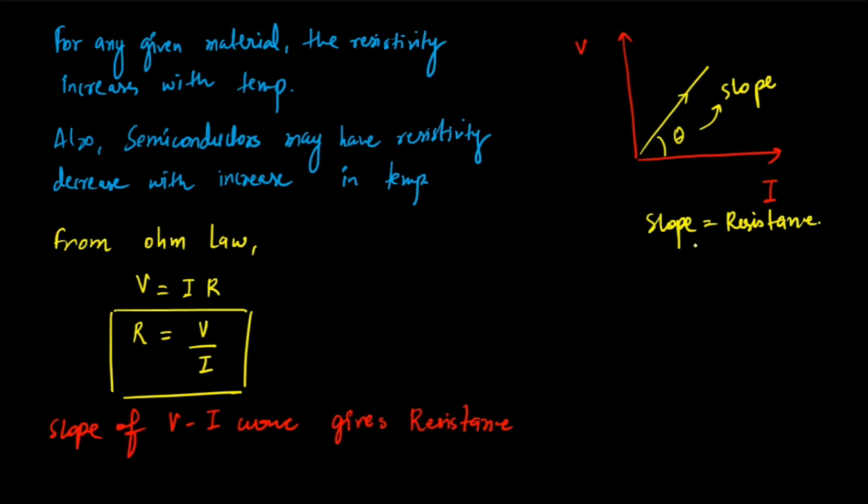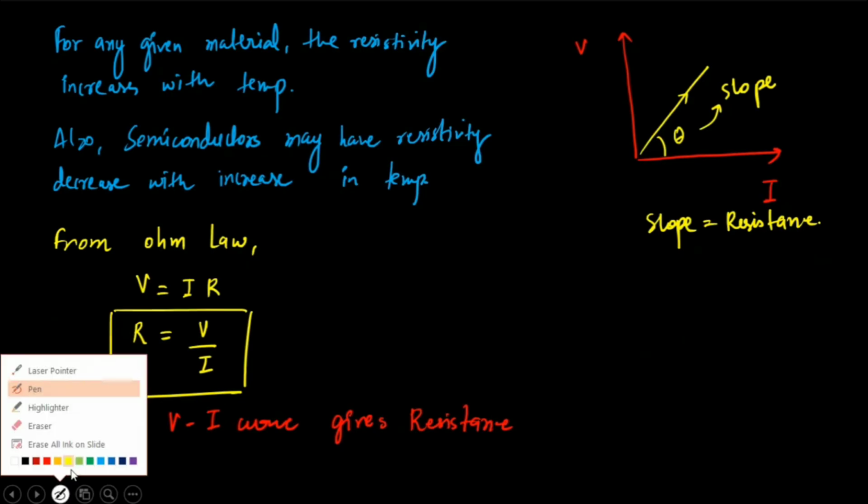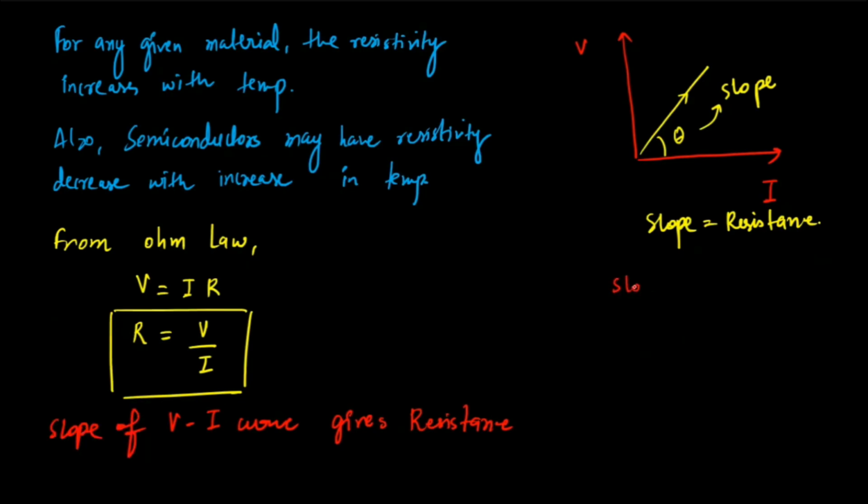It came from the question point of view that you have to find resistance from a given graph. In that case, you have to find the slope. And always remember, slope is nothing but rise over run, how much it moved up and how much it moved in the forward direction.